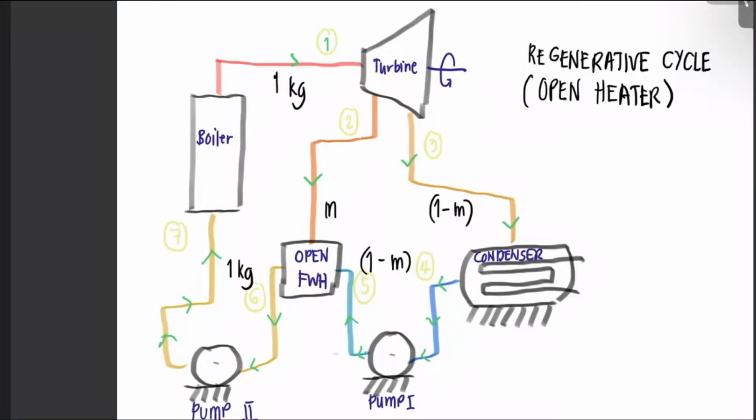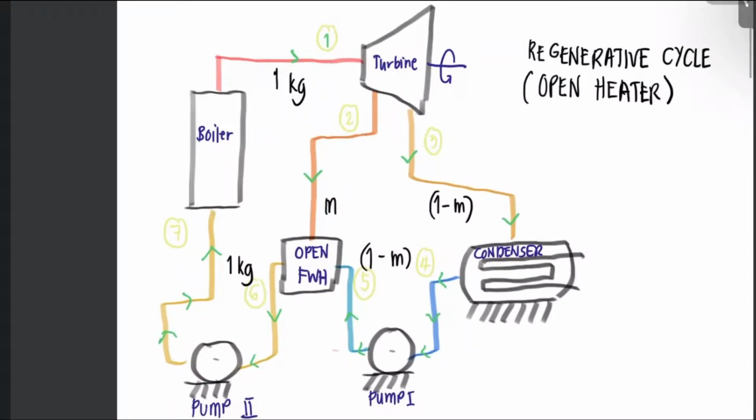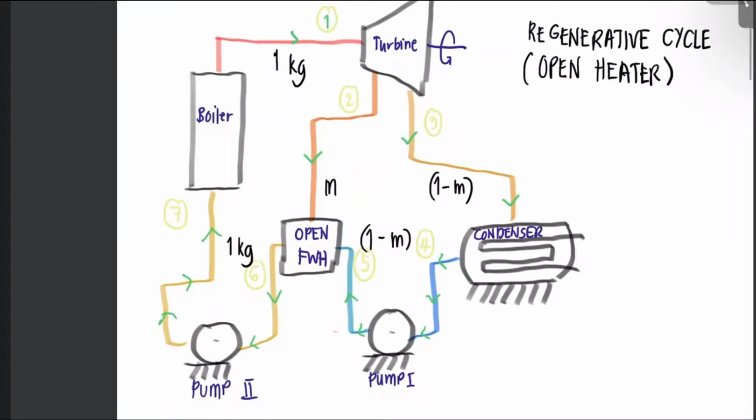So yung regeneration, class, it doesn't only improve cycle efficiency, but it provides a convenient means of deaerating the feed water or tinatawag natin removing the air that leaks in the condenser. Okay? Dito class sa condenser natin ha. Di ba sa simple Rankine cycle natin, we have the boiler, turbine, condenser, and the pump. Dito, dagdag na tayo ng dalawang pump.